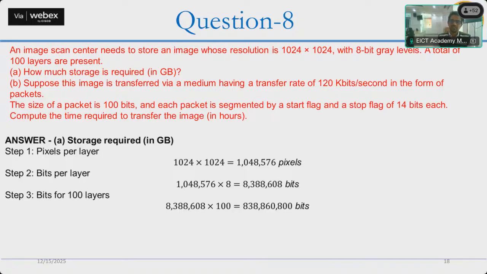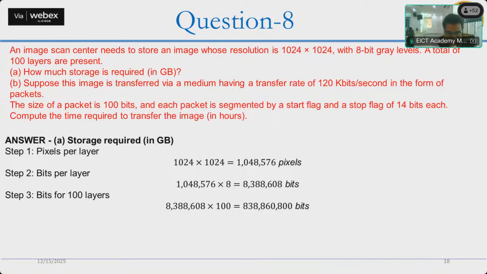What is given here is that your image is in gray level form, not a colored image. A total of 100 layers are present. How much storage is required in GB? Whenever you are taking different images, what really matters is how much memory is available. That is the classical question.